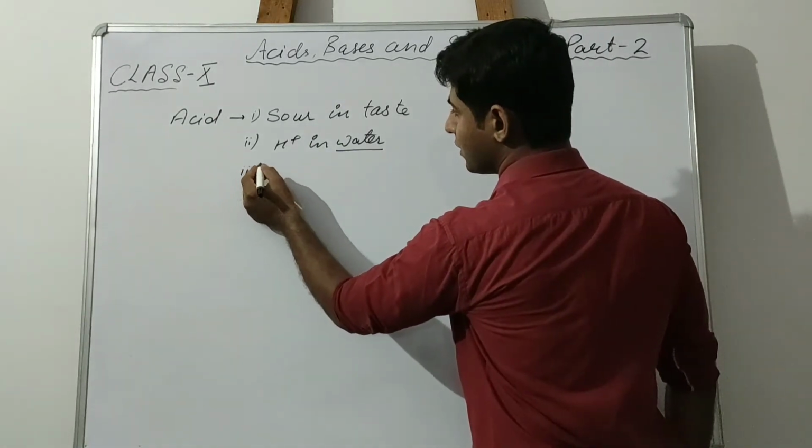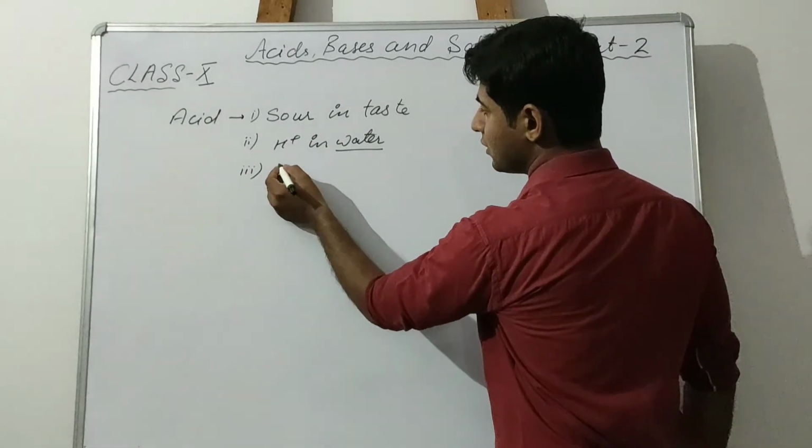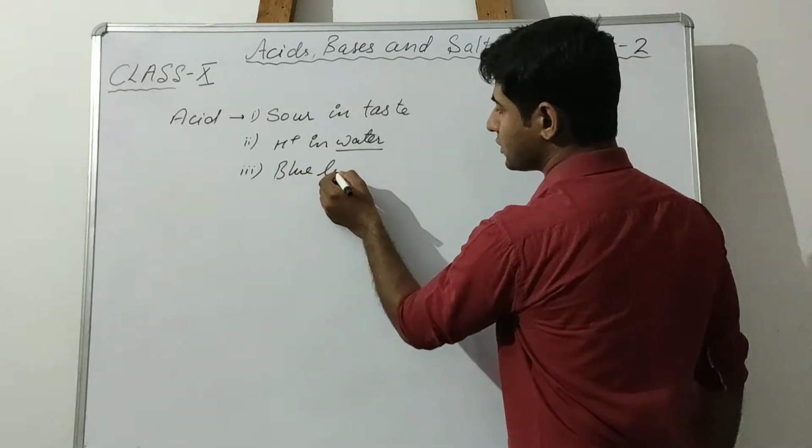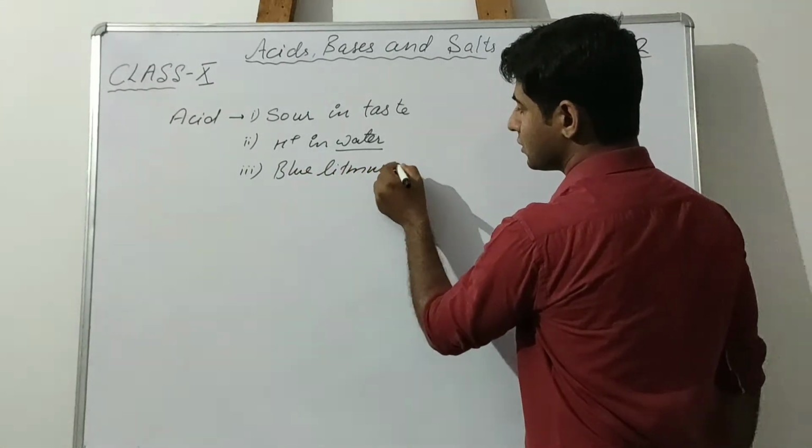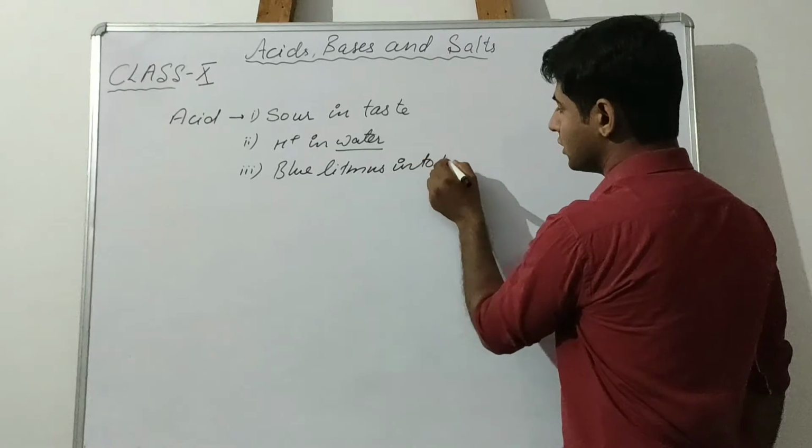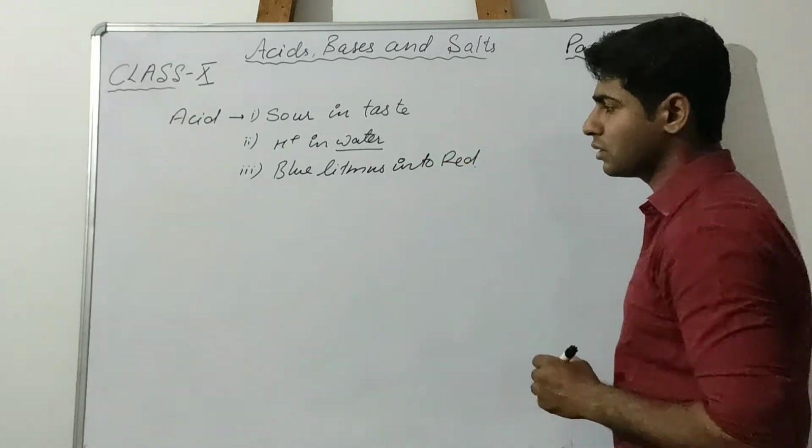Third, acid will turn blue litmus into red.